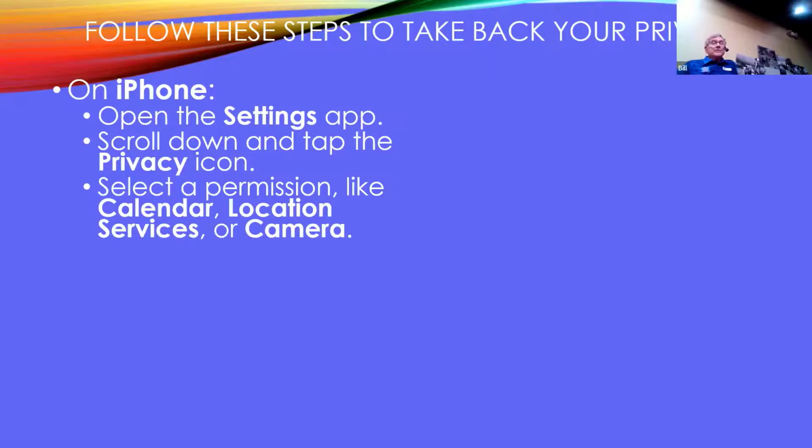There's a whole bunch of things there. Select the permission you're going to give applications to use your calendar data, your location data, your camera, your other services. And I think Apple has done the best job of allowing you to control what information goes from what you're putting in your phone to other applications.